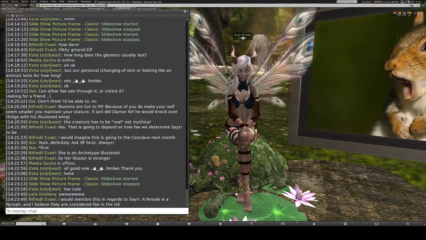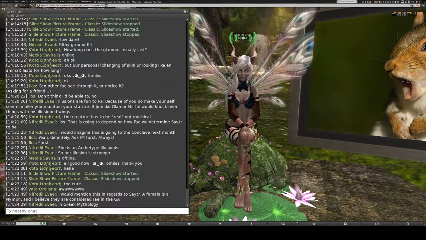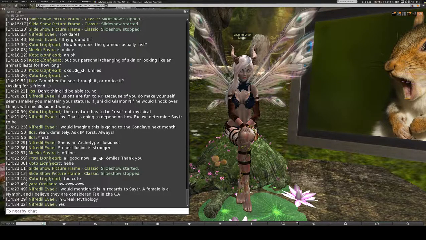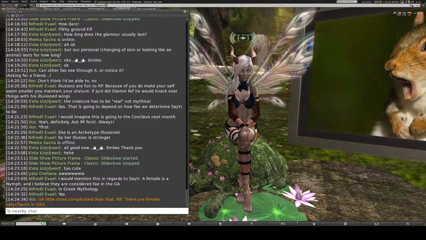I'm not sure what you mean, Nif, by nymph. A nymph is not necessarily... are you talking about a female satyr? The female satyrs are fawns. They're not technically nymphs, though I can see where you're coming from.